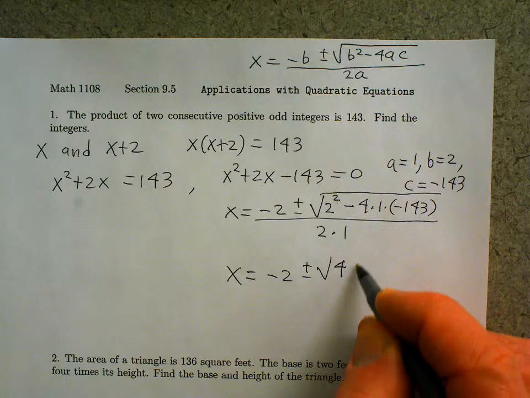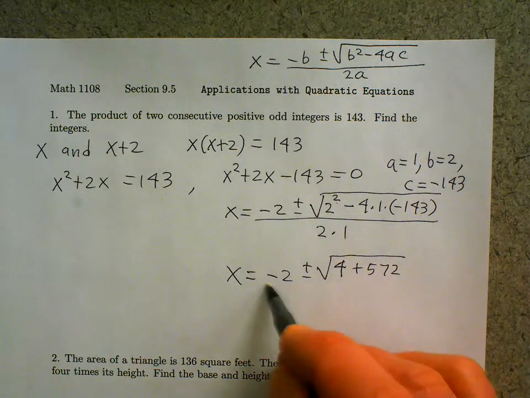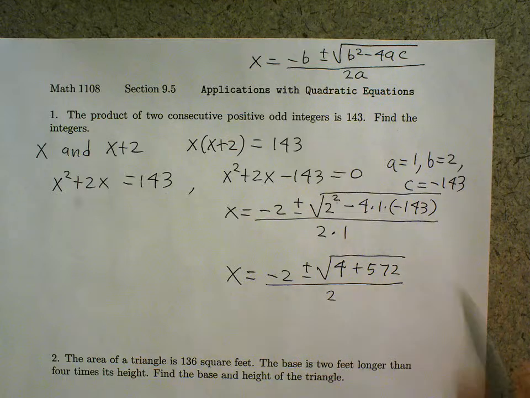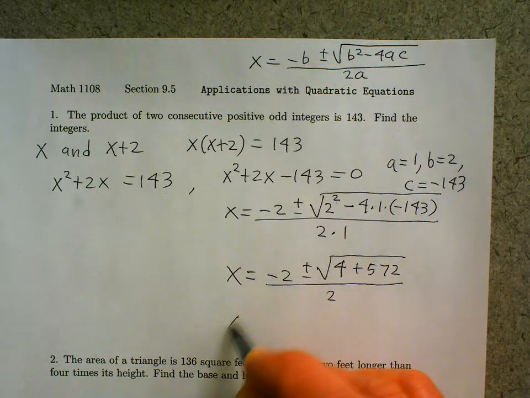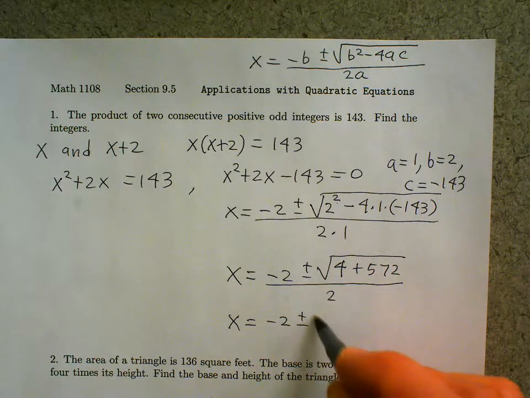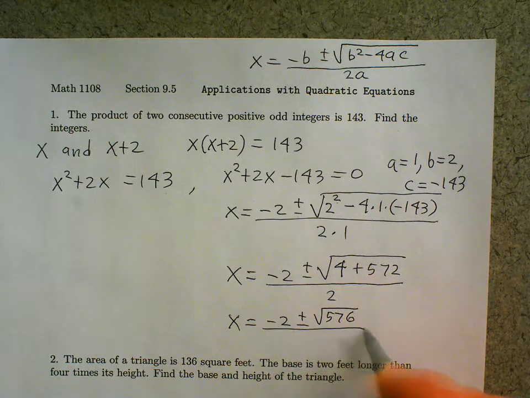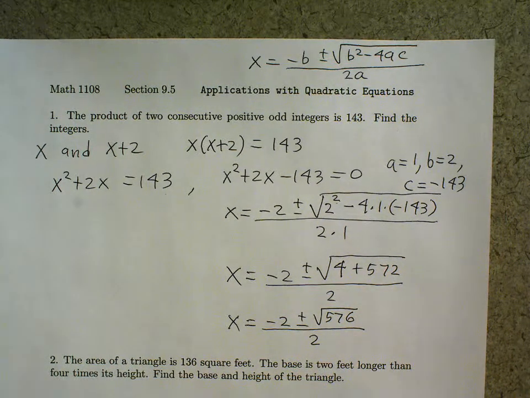So 4 plus 572, all divided by 2. And then the square root of 576. 576 is a perfect square. The square root of 576 is 24.